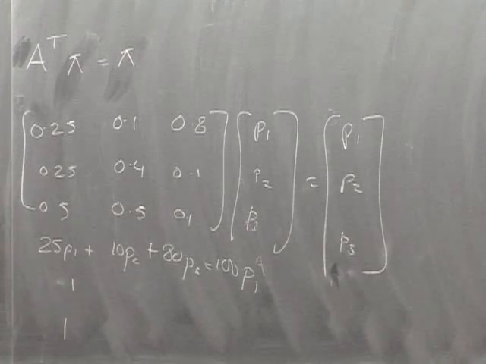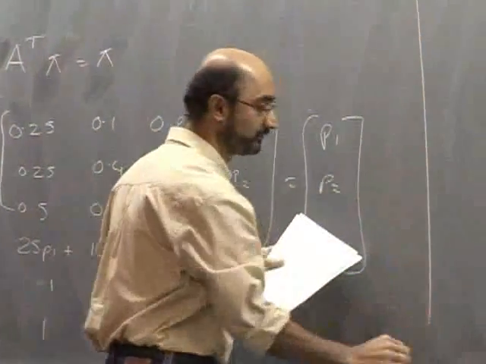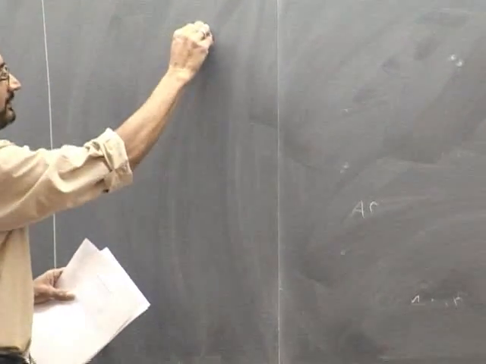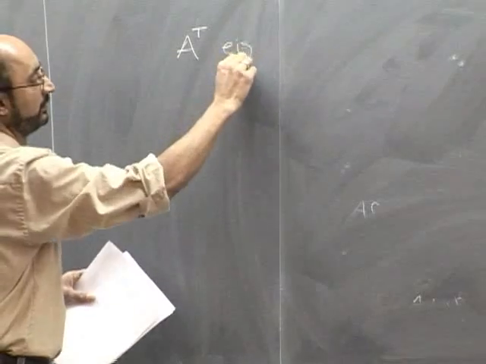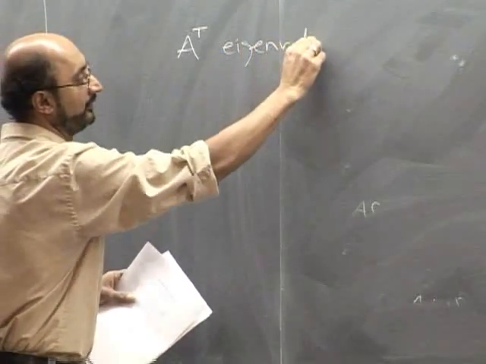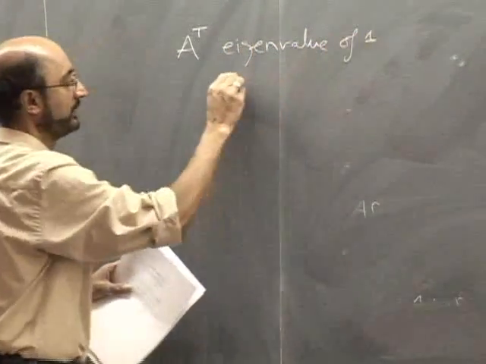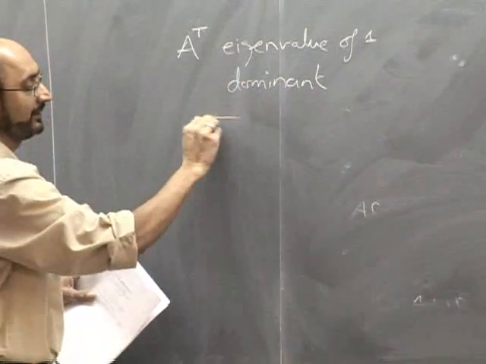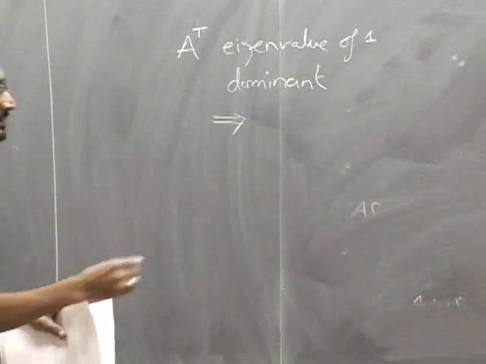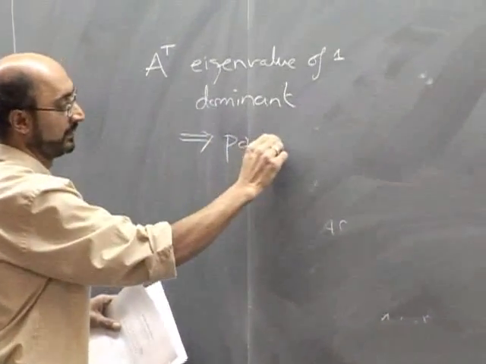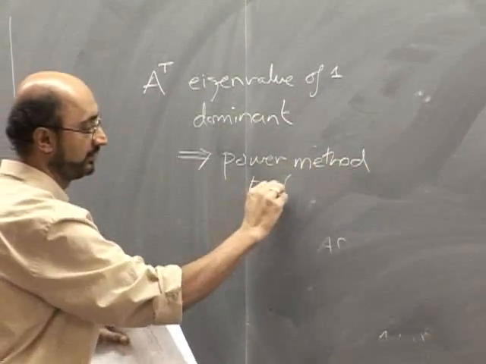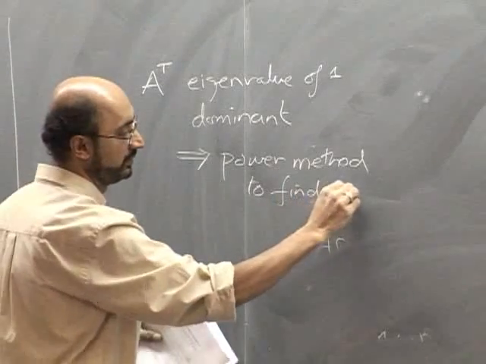That's one way of doing it. The other way of doing it is to rely on the fact that A transpose has an eigenvalue of 1, which is the dominant one. If you remember, since it is dominant, that means that we can use the power method to find the eigenvector corresponding to this eigenvalue.